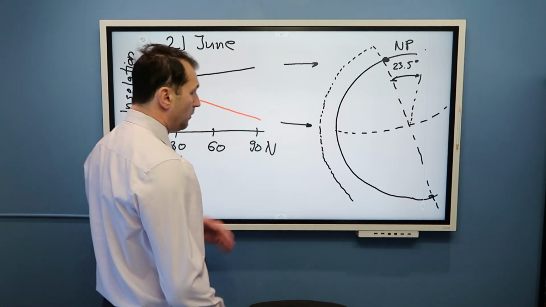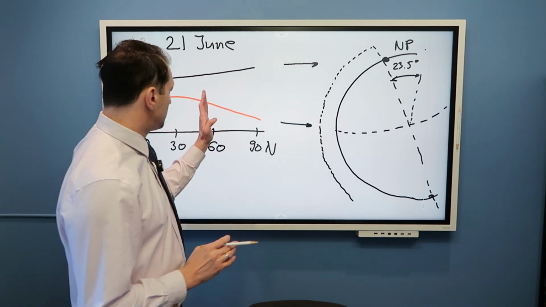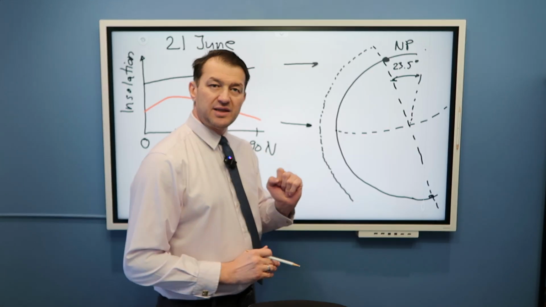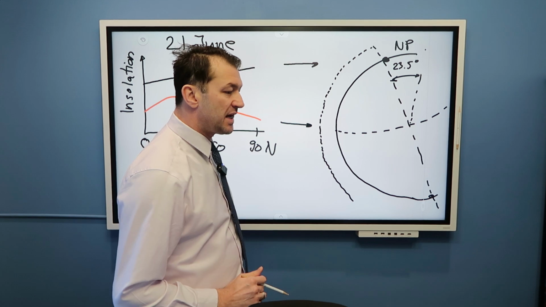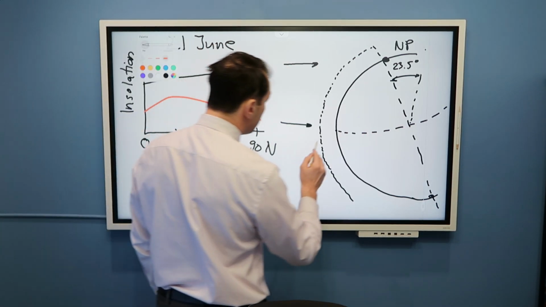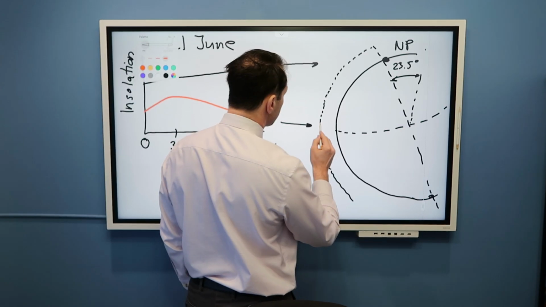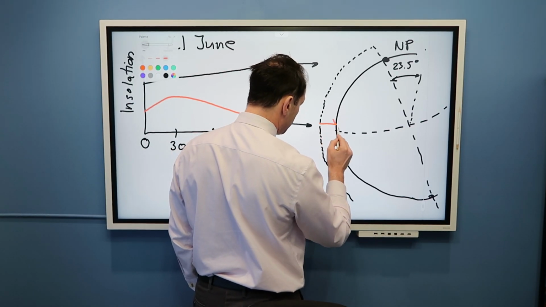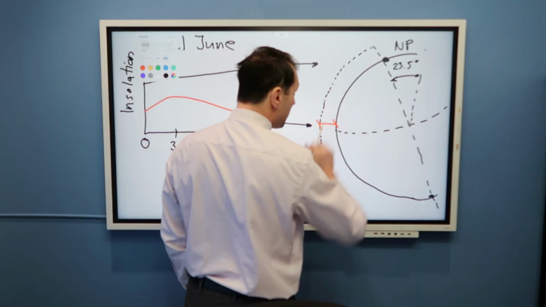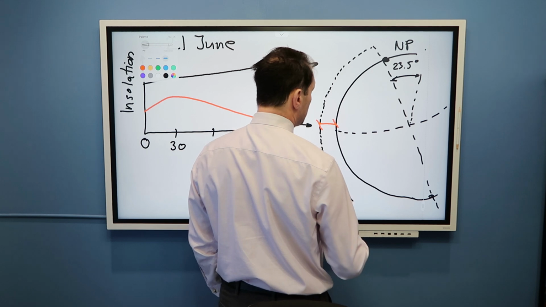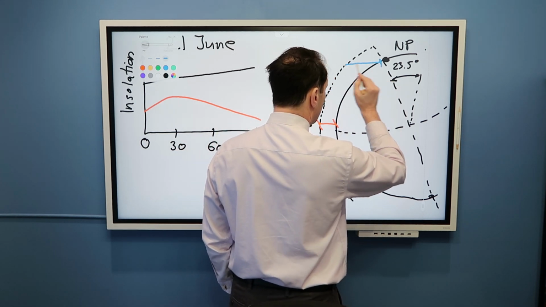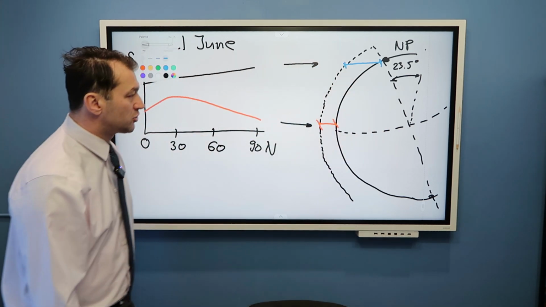What we need to examine to answer this question is the thickness of the atmosphere in the direction of sun rays. Look at the equator. At the equator, or rather in the tropical regions here, this is the thickness of the atmosphere in the direction of sun rays. But in high latitudes, such as polar regions, this is the thickness of the atmosphere in the direction of incoming solar rays.